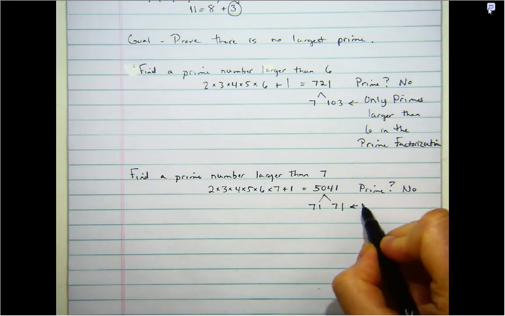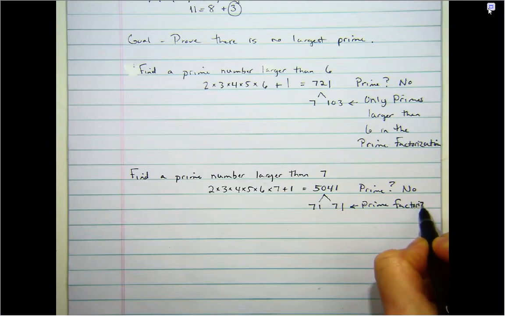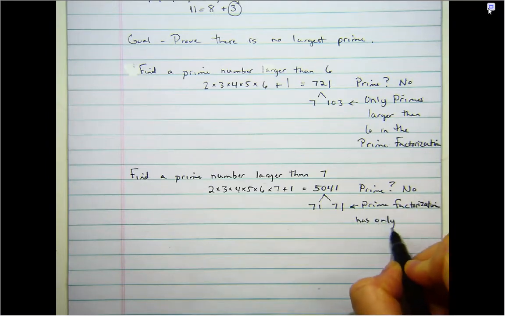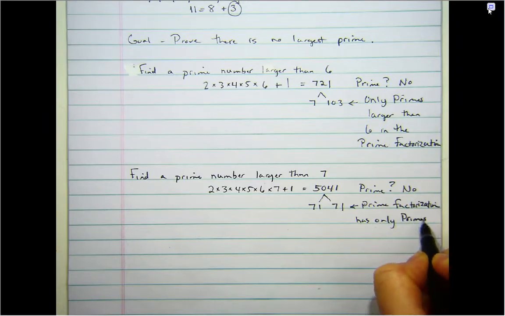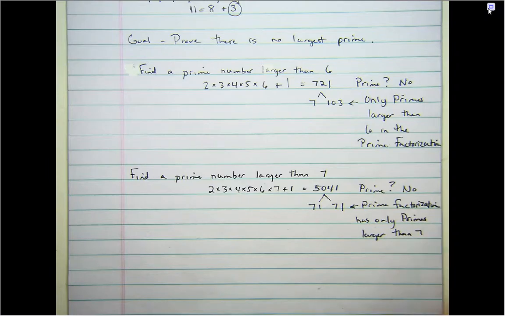However, the prime factorization has only primes in it larger than 7. So the 5041, the big number we made, did not happen to be prime this time, but the prime factorization had only primes larger than 7.